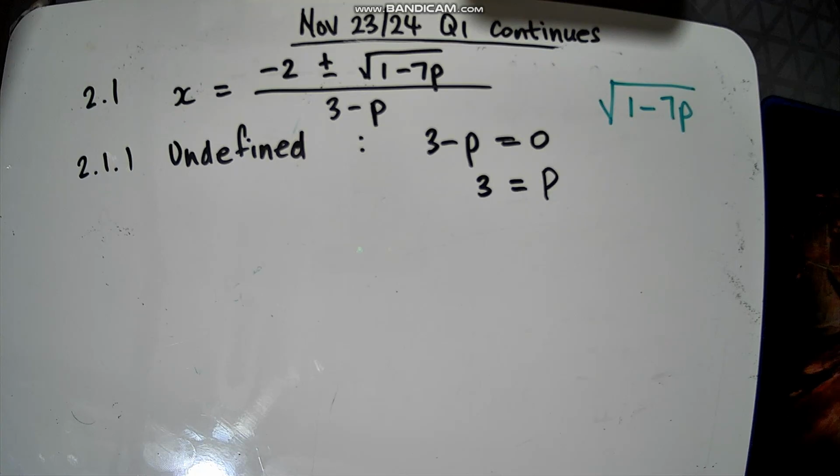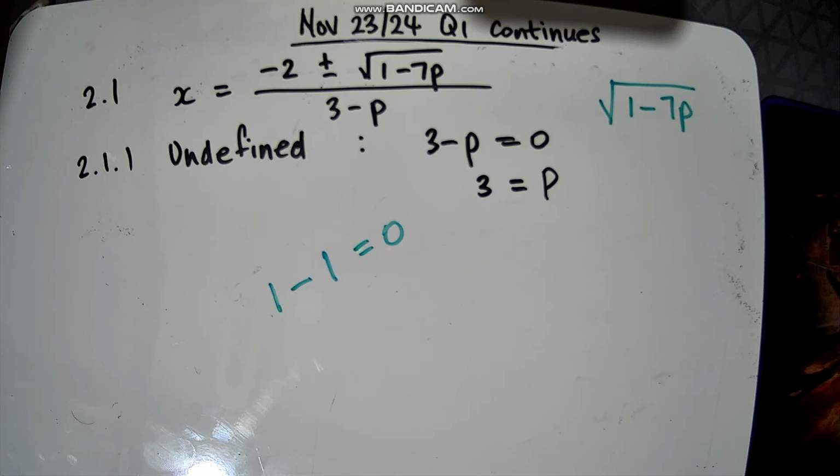But I'm just going to make you think a little bit. So this means 1 minus 1 is equal to 0. So notice here, if 7p is equal to exactly 1, you are going to get a 0, which means it'll be real and rational. So this means that p will have to be more than 1 over 7.